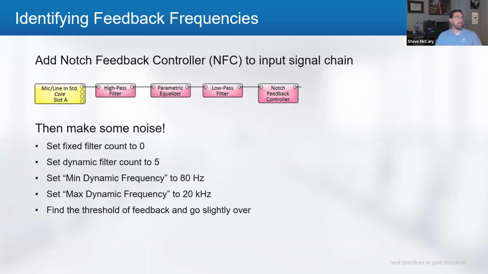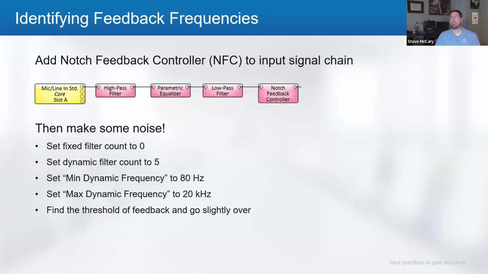Let's talk about dealing with feedback. When you are setting up a system, we have a block that is called a notch feedback controller. Generally, the way we recommend setting these up, because these are kind of processor hogs, is that you would just put one of them in a file and then use your signal probe to run through it.